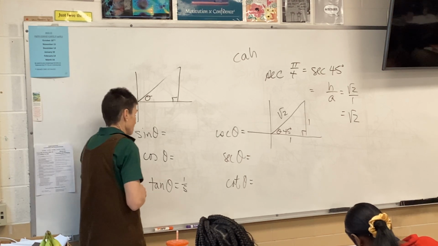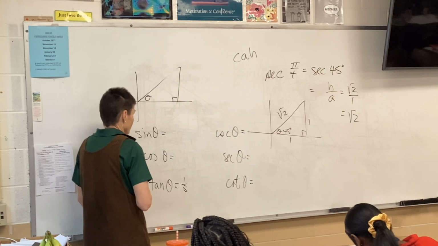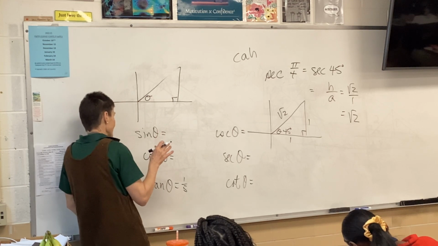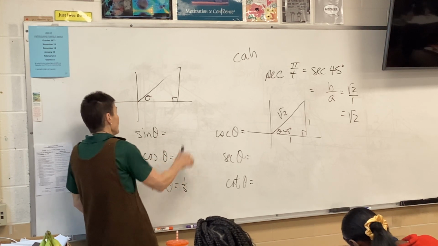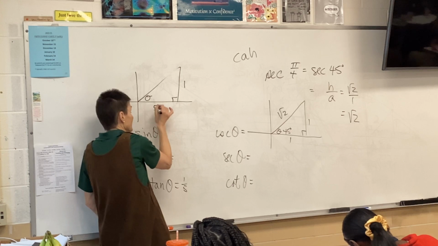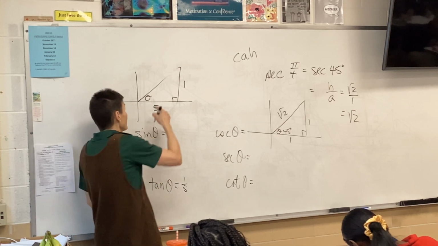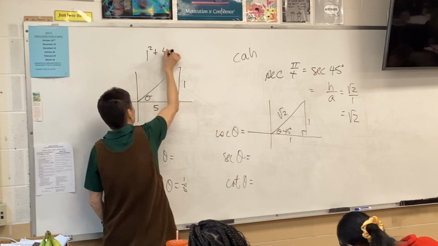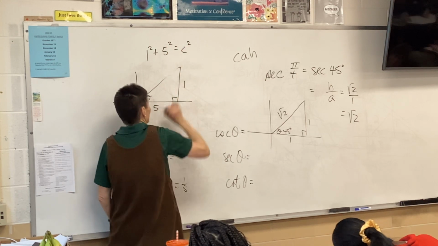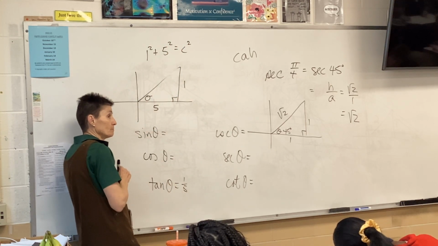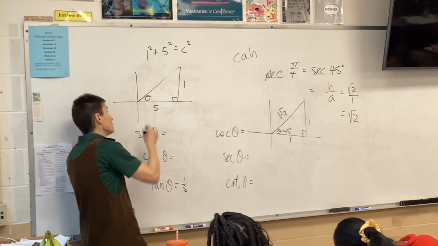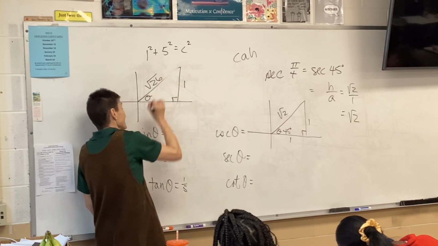Kate? The hypotenuse, if we do a squared plus b squared equals c squared. Katie says, from the given, I know opposite is 1 and adjacent is 5. So she's gonna do the Pythagorean theorem to find her hypotenuse. So it looks like root 26.